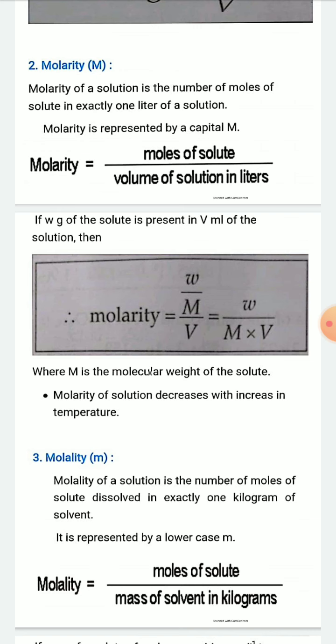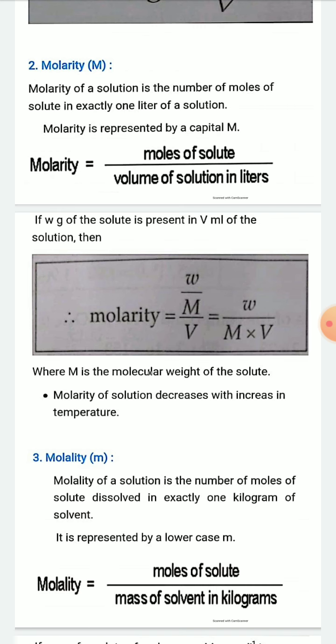Number of moles of solute, not number of grams of solute, not mass of solute. It is number of moles of solute per liter of the solution. So to calculate molarity of a solution, you have to calculate the number of moles of solute. I think you know how to calculate number of moles of solute.